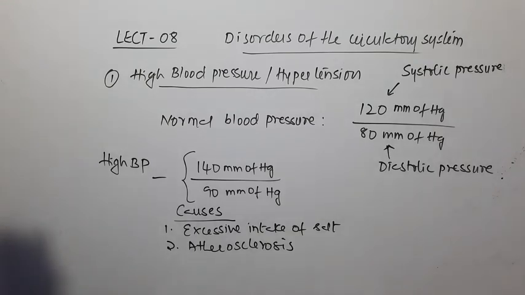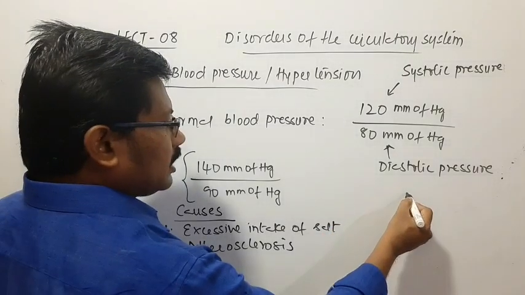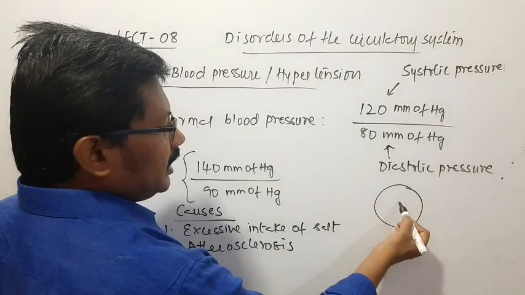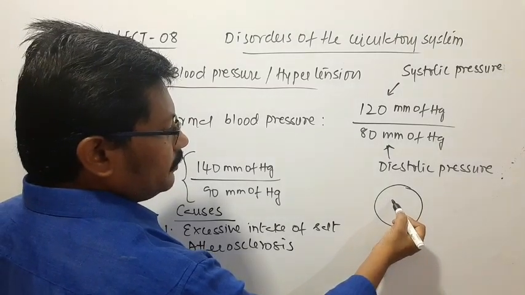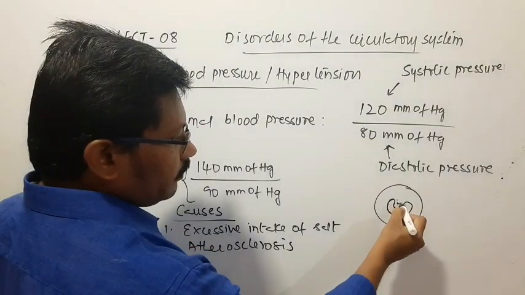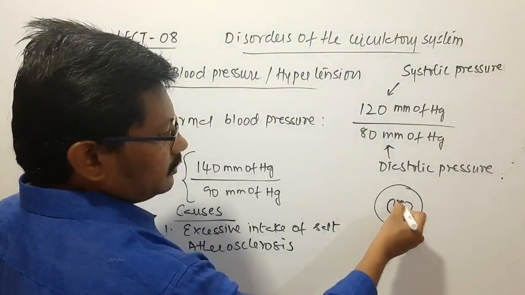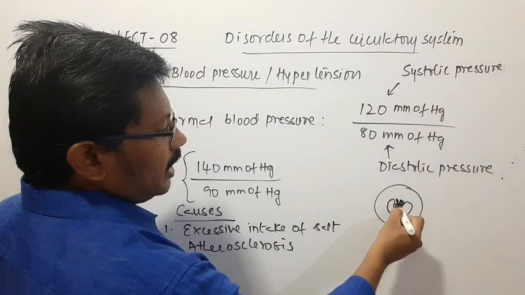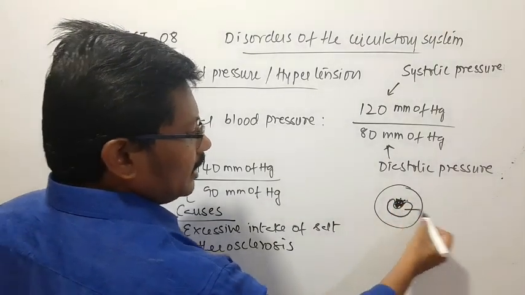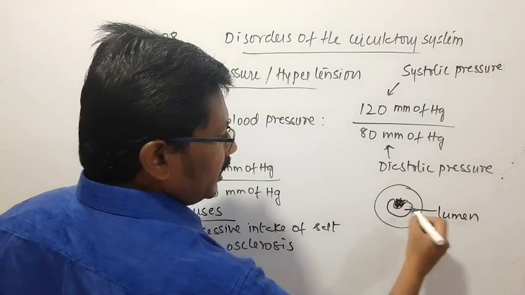Because of that, the artery wall thickness increases and the lumen decreases. If you see like this, here is a deposition of cholesterol and other materials in the inner layer, and this is the lumen.